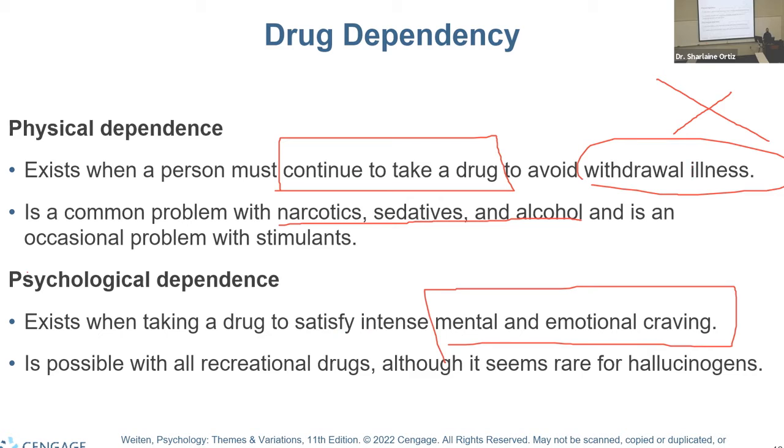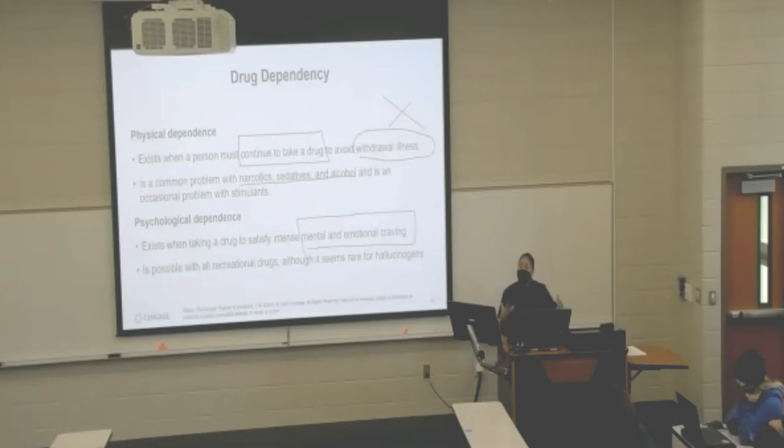How much risky behavior are you willing to engage in order to seek that drug, right? So that's another factor, the amount of risk that you would engage in to satisfy that craving. So that's why drug dependency has these two characteristics, right? Physical and psychological. So does that answer your question?